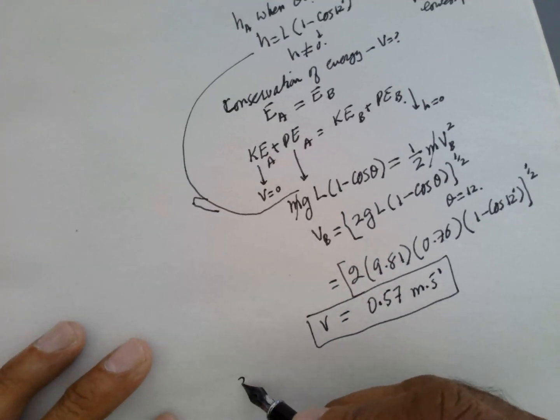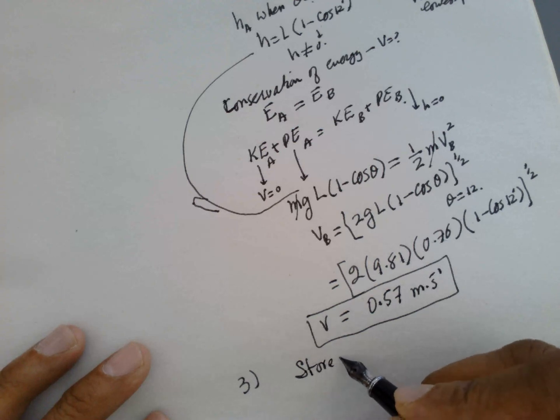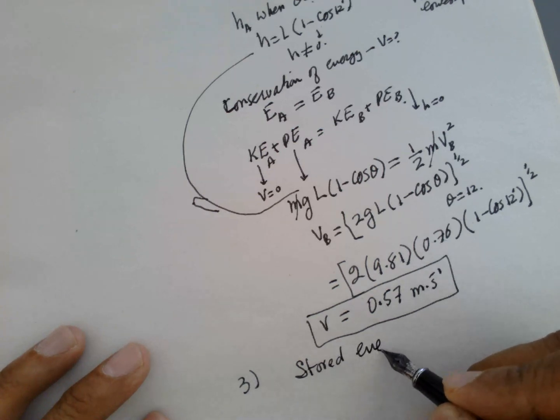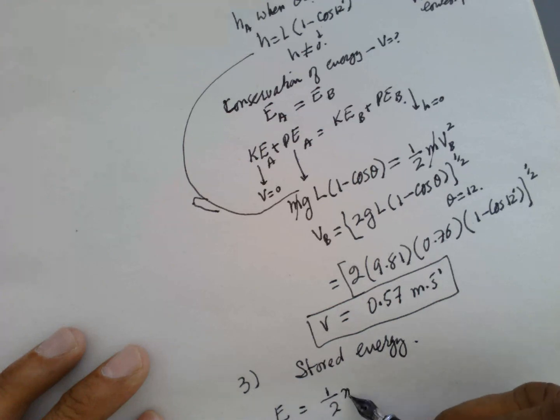Number 3, stored energy. The stored energy at this point is E B, which is equal to half m v B square.